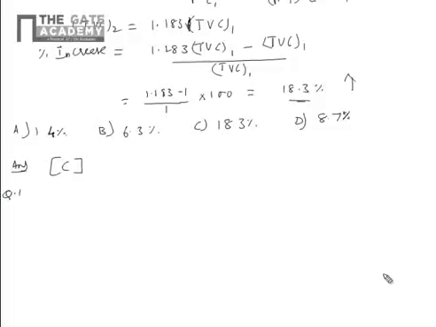So question number 15, page number 45, ME 2002. An item can be purchased for 100 rupees, so the price of an item is 100.